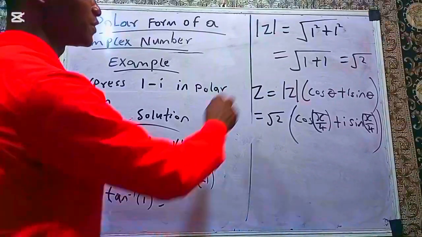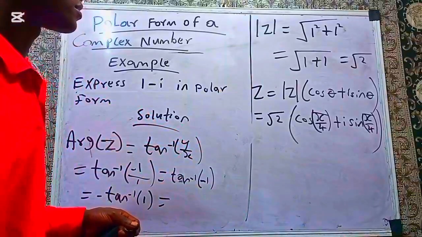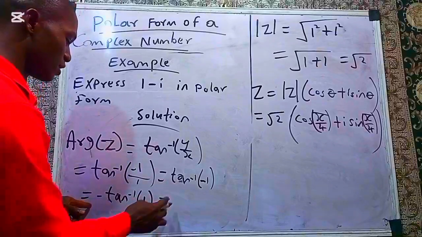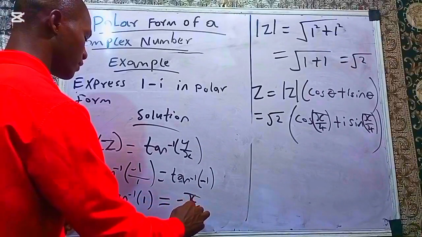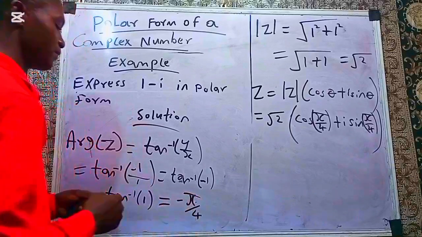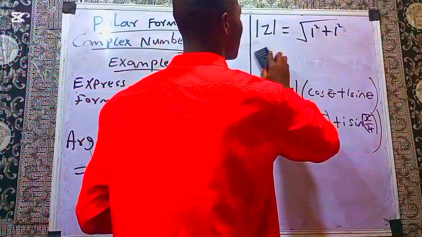But we have just finished solving that one. Tan inverse of 1 gave us pi over 4 in radians, and since we have minus here, we have negative pi over 4. So negative pi over 4 is the principal argument of this complex number.